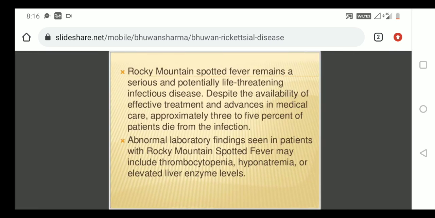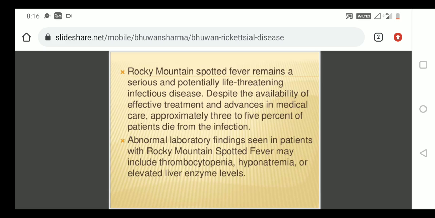And Rocky Mountain spotted fever remains a serious and potentially life-threatening condition only. So it needs effective treatment, and 3 to 5% of patients die because of this infection and all.